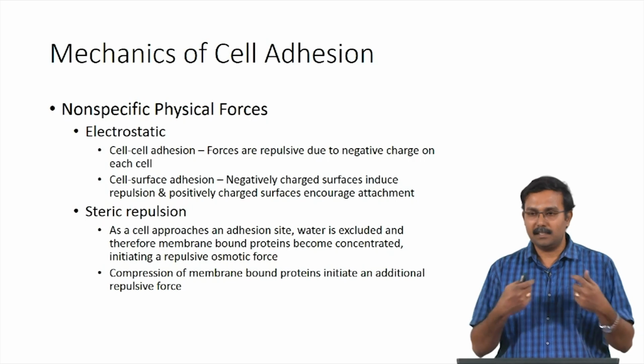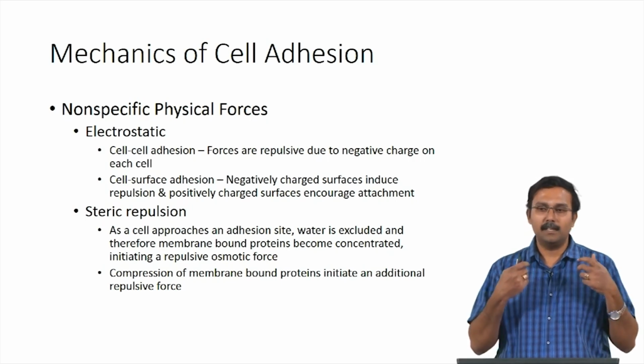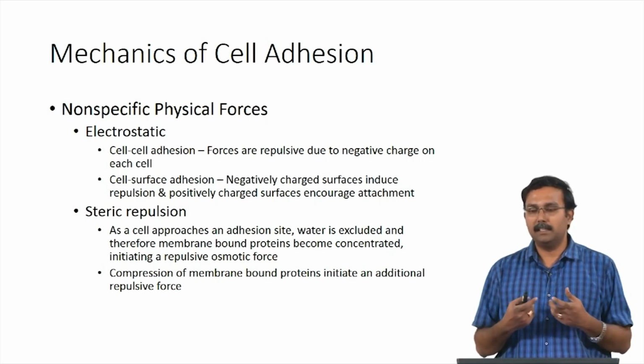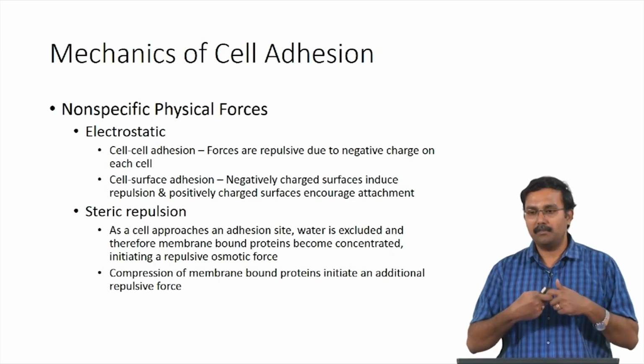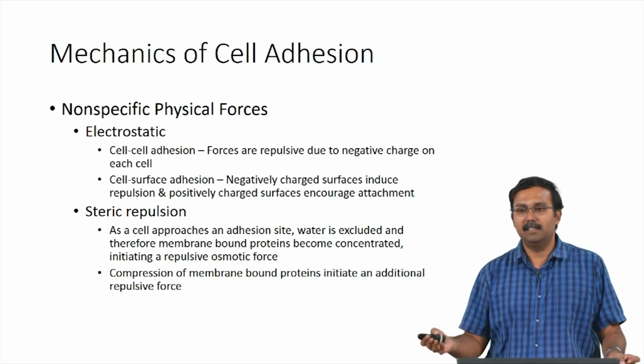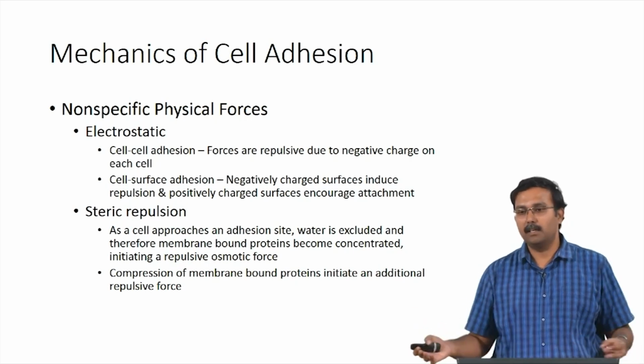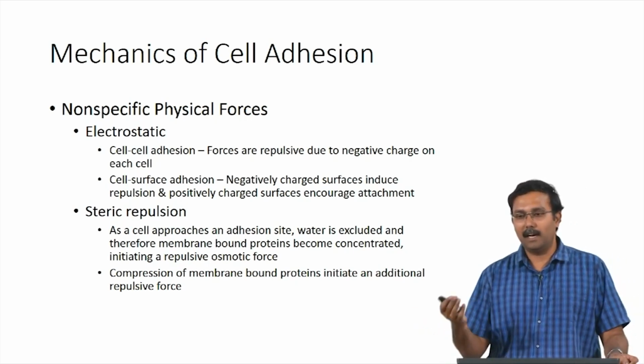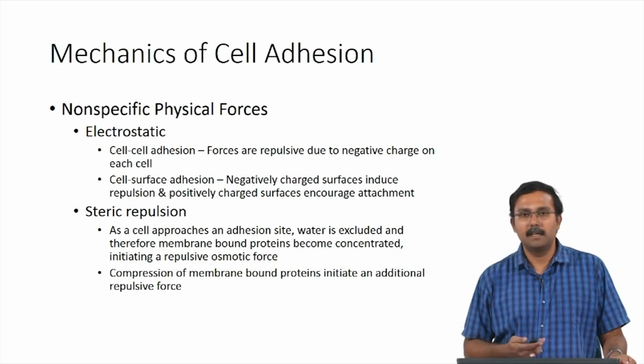Based on the distance at which they are present and based on the affinity of these, like the dissociation constants or the affinity constants, you would have interactions. So, we will talk about that. Each of them has their own properties.